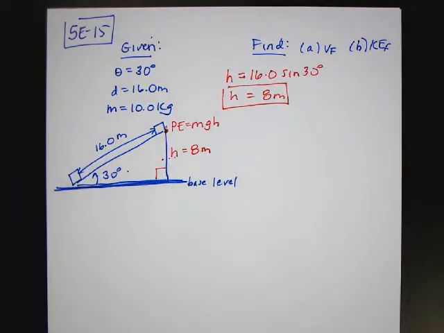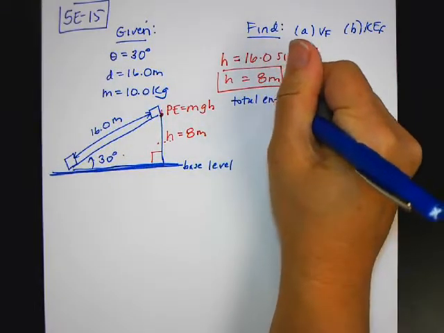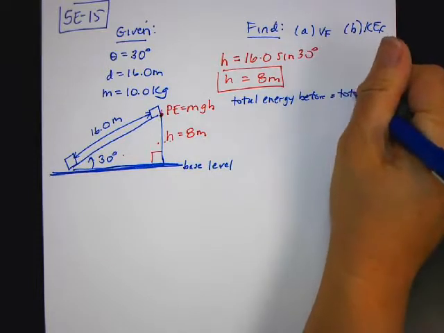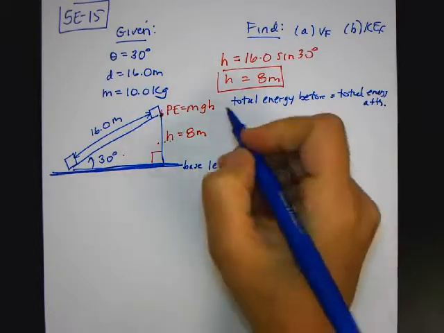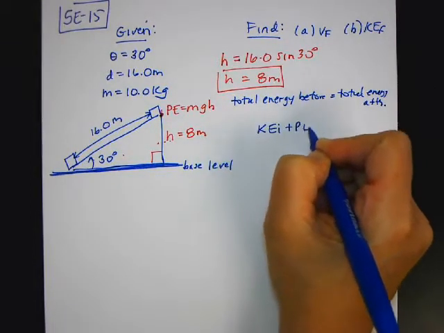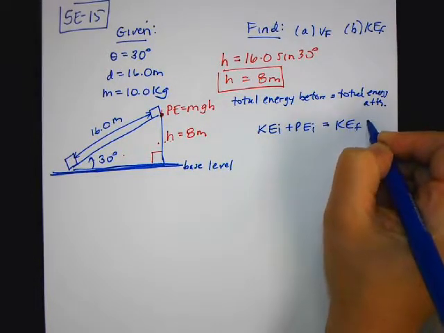Now this becomes a simple conservation of energy problem. So let's first talk about it in layman's terms. In layman's terms, we know that the total energy before is equal to the total energy after. So the total energy before is the sum of the kinetic and potential. So KEI plus PEI is equal to KEF plus PEF.